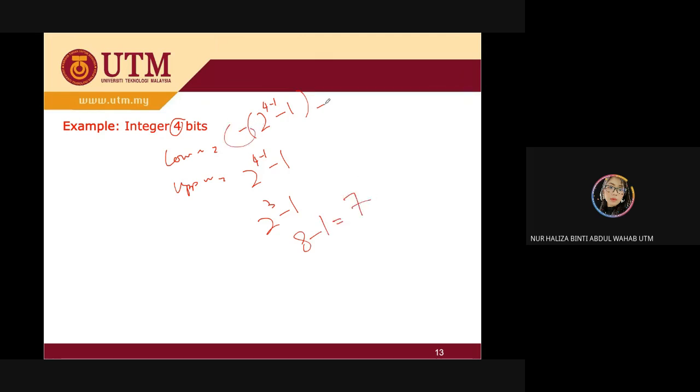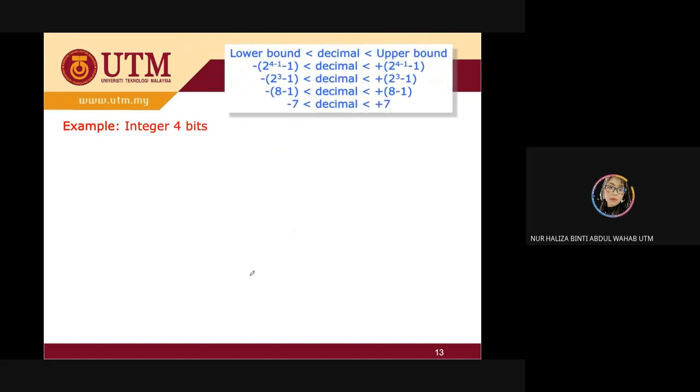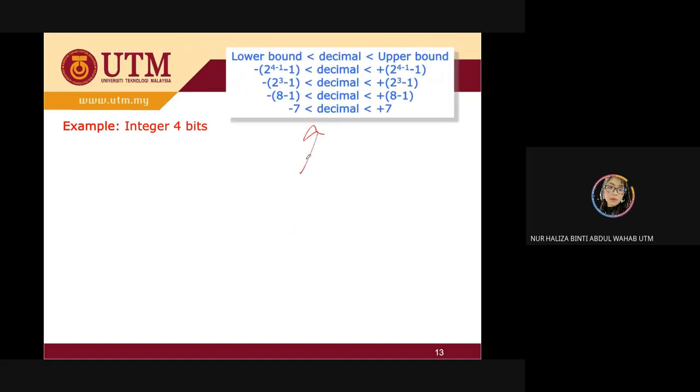So your lower bound will be negative 7 and your upper bound will be 7. So your range will be negative 7 to positive 7. Don't forget, because you are in signed numbers, that's why you need to put the sign. So this is your answer for the range, lower bound and upper bound.